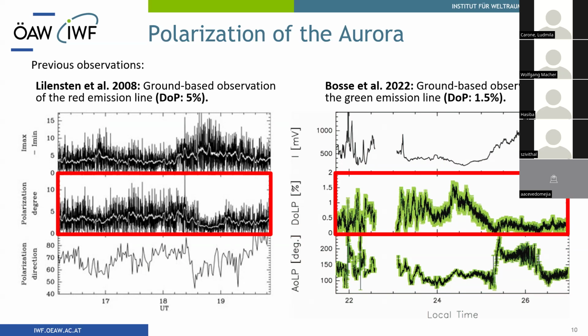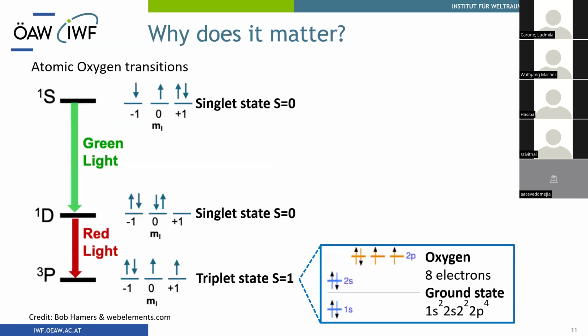And you might ask, why does it matter? This goes back to a bit of quantum mechanics. I will try not to butcher it here. The oxygen atom has 8 electrons in total. The lower shell, the 2s, has 2, and then the 4 left are remaining in the 2p orbital. And this creates the ground state. It's this one here, with the same arrows here.